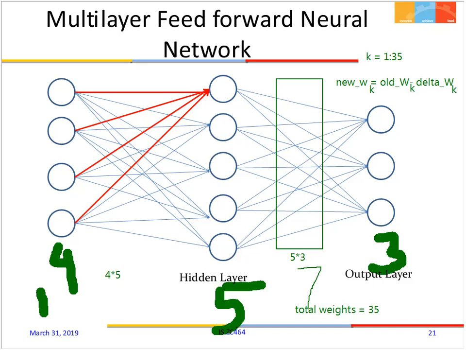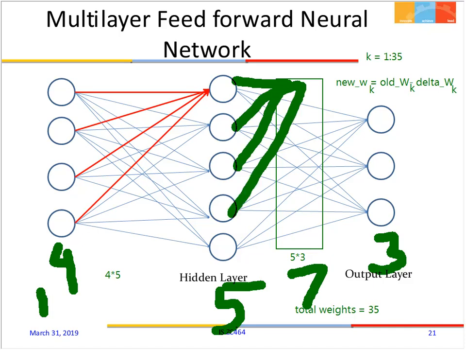What will be the weight space dimension total? Can you tell now? 4 into 5 plus 5 into 7 plus 7 into 3, right? So if it is 7 in between, that means every neuron will be having weights to those neurons. So 5 weights to 1, and there will be 7 such neurons.